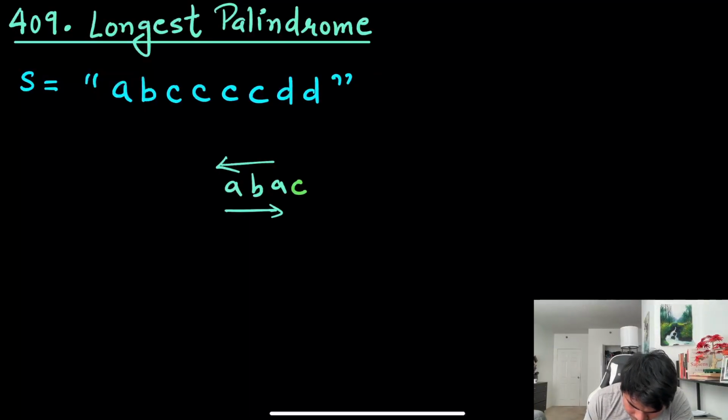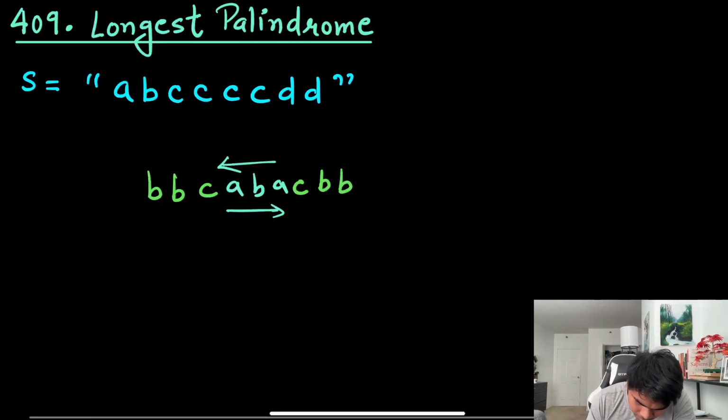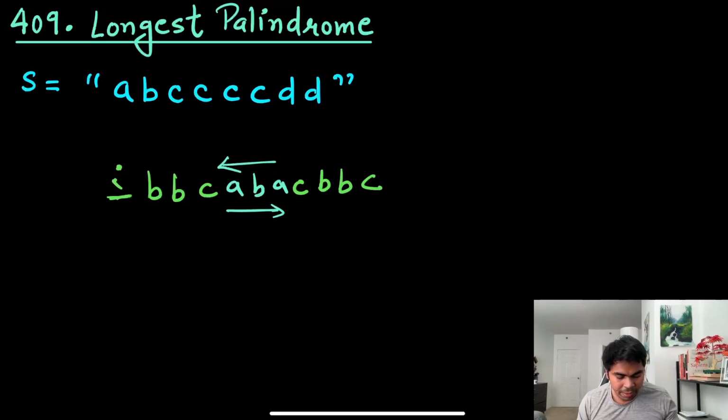Let's say C here, C here, it's still a palindrome. B here, still a palindrome. One more B, still a palindrome. It can keep going. But the moment you add something here, let's say C, and you don't add it here, you add, let's say, I, then it's not a palindrome.